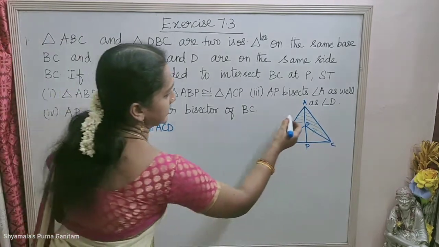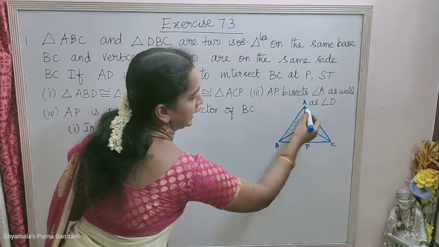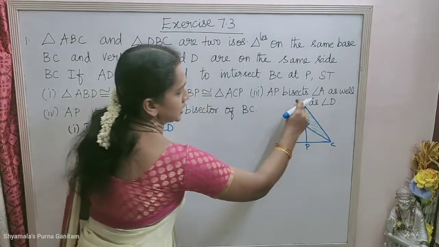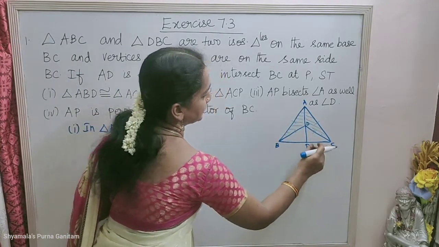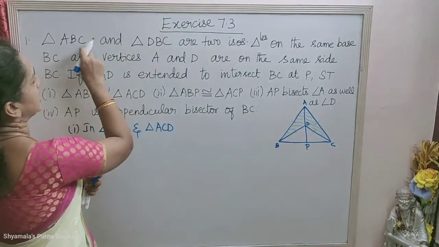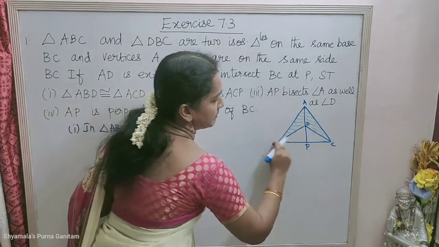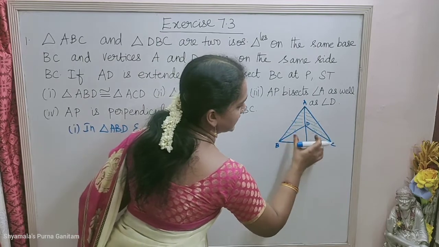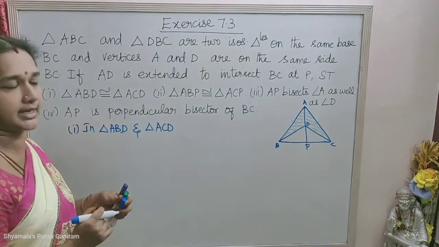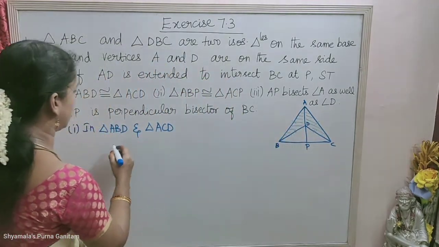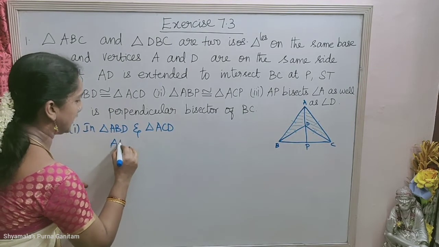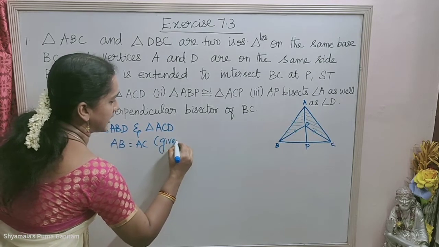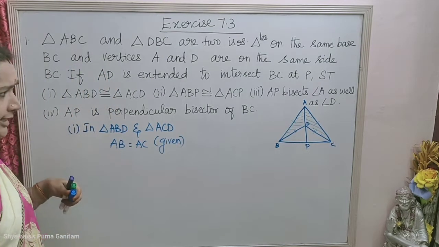In the question itself it is given that triangle ABC and triangle DBC are isosceles triangles. ABC is this full triangle, and DBC is the other. So first thing, AB is equal to AC. It is given in the question.